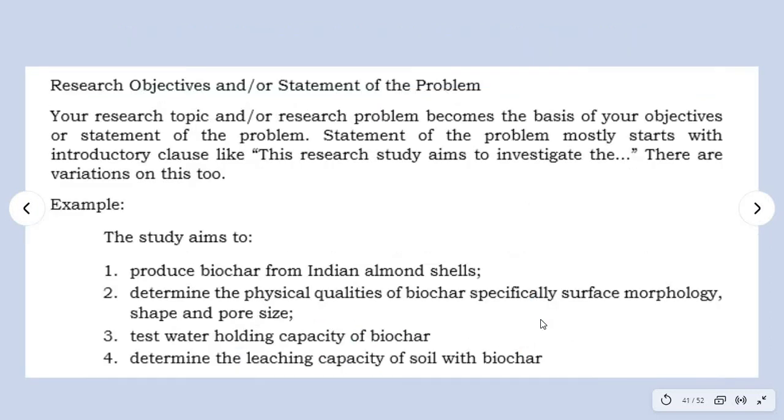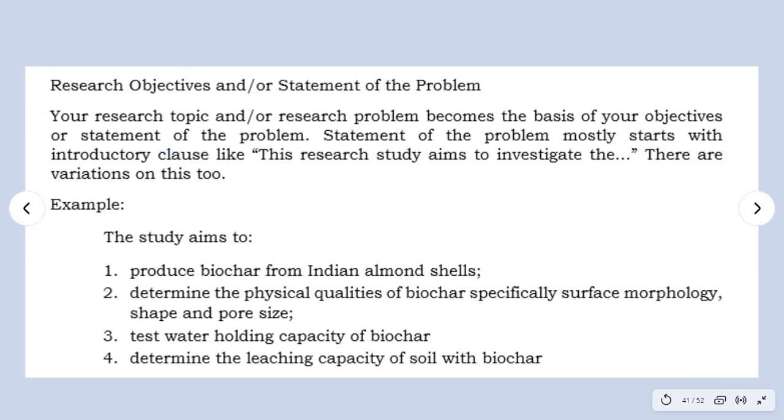Okay. And then after that, if you had your research questions, you then translate them into research objectives or your statement of the problem. Your research topic and research problem become the basis of your objectives or the statement of the problem.